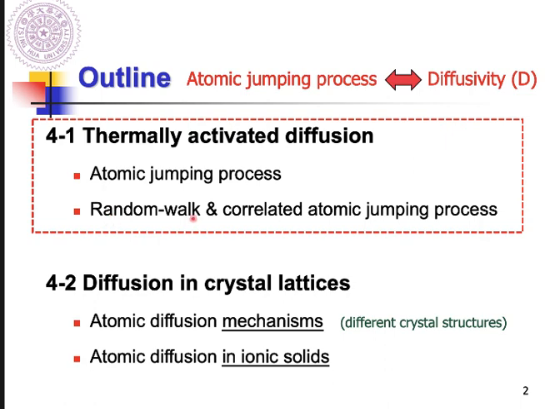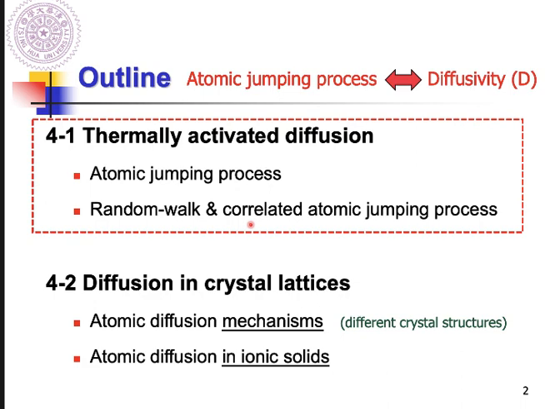And what are the random walk and the correlated atomic jumping process? Random walk means the atoms can jump here, jump there, jump here, jump there, so everywhere. So we call it a random walk. This atom can jump anywhere it likes.